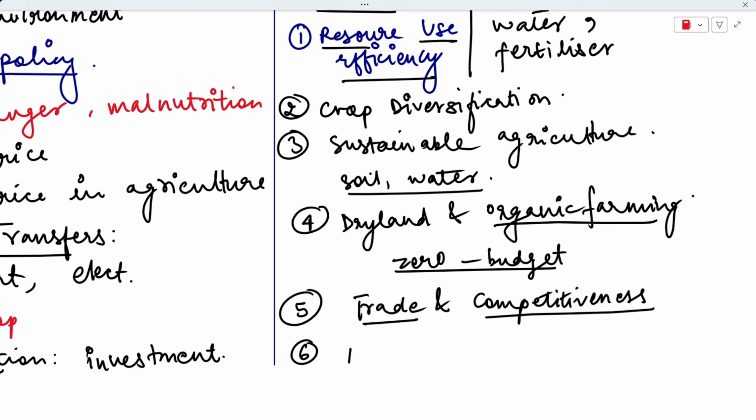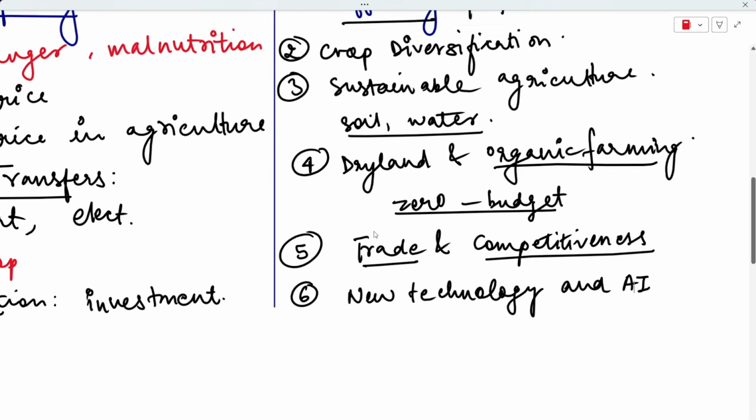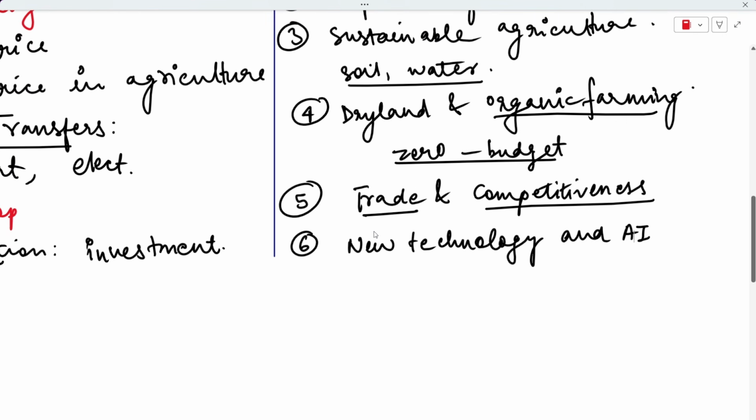Then we have the use of new technology. As you all know, we also have the advent of AI, so we also need to talk about how technology and AI are changing farming. How is technology helping farming? Then we have markets that we need to discuss.